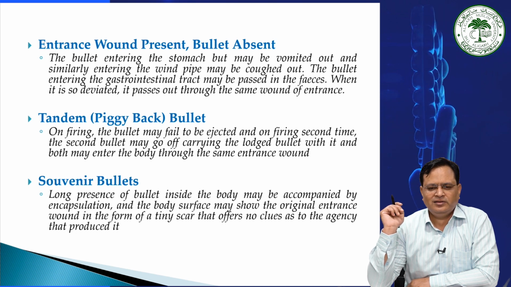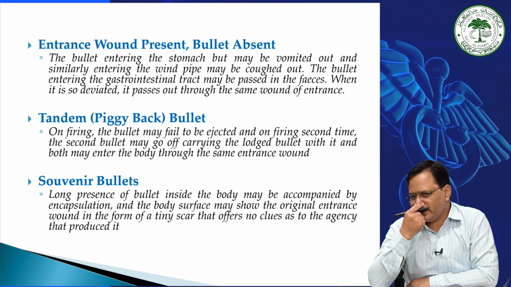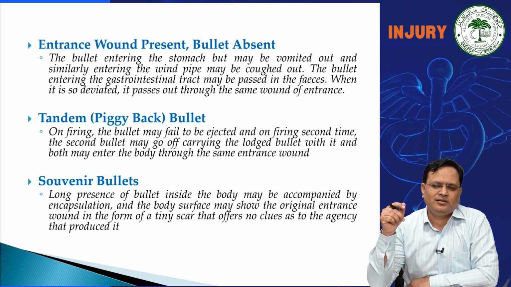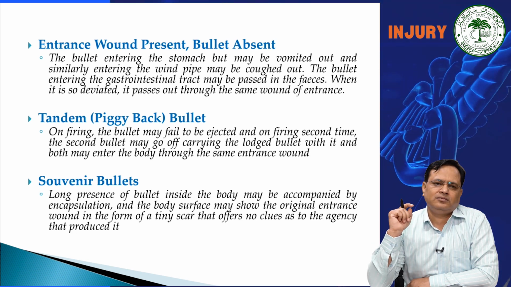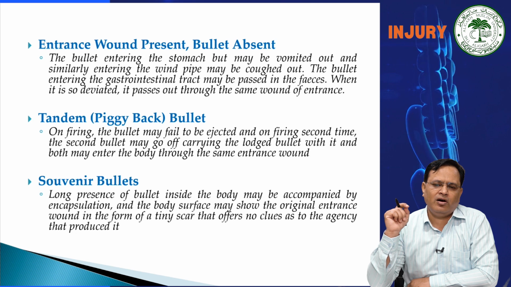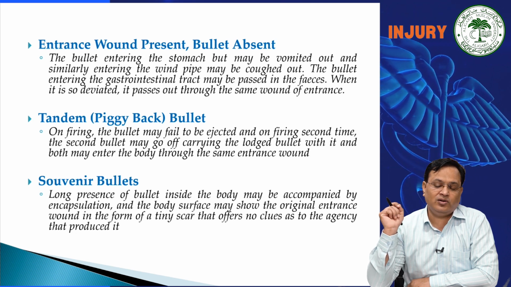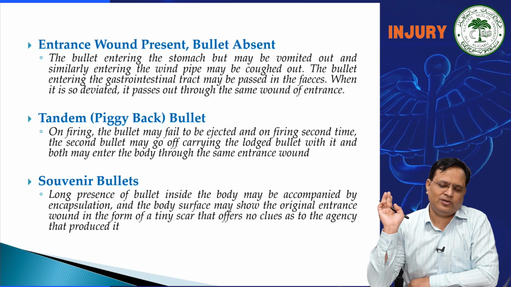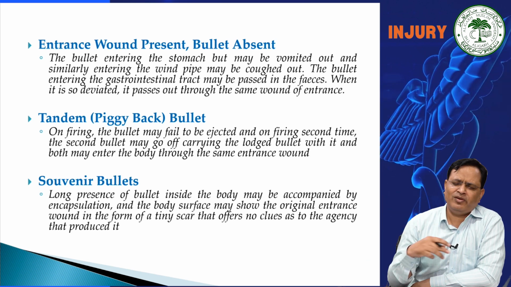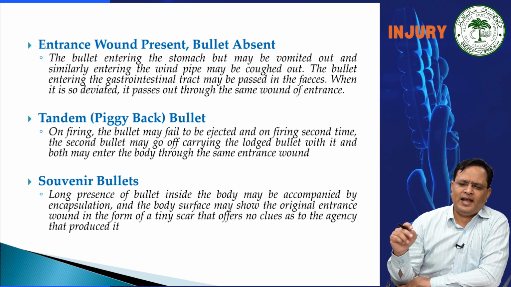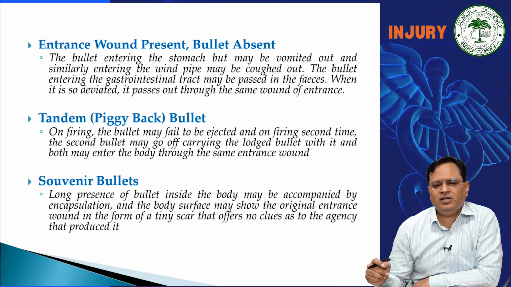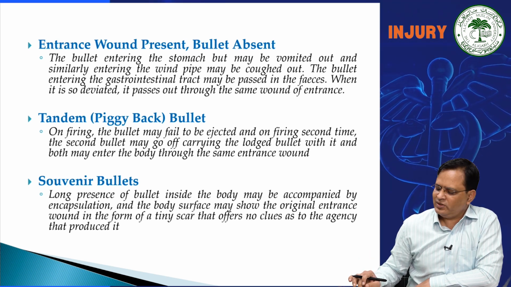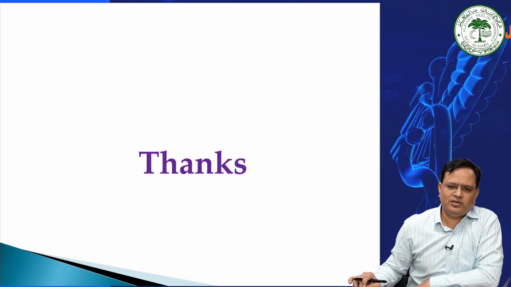Souvenir bullet is another thing. A bullet is fired and it is not found, or it is there but it can't be taken out, and it is there inside the body doing no harm. Sometimes a very remote case of lead toxicity can happen because of the bullet present there. It depends upon the vascularity of the tissue where it is lodged.